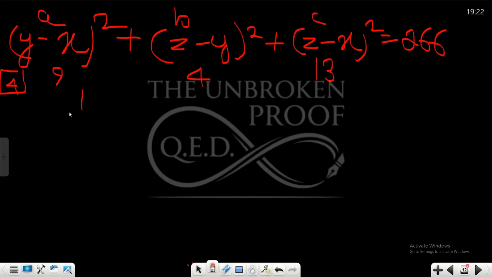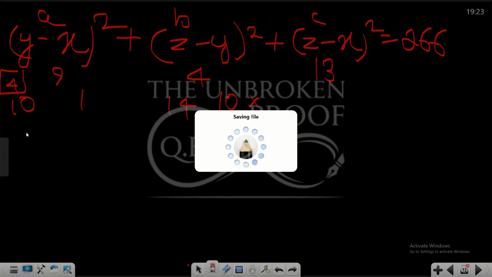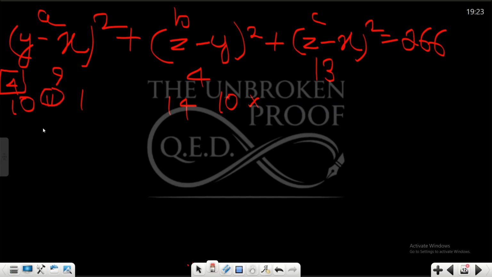Now x, if you start with 1, this will be 10, this will be 10, this will be 14. Clearly this is not possible because 10 plus 1 is less than 14, it does not satisfy the triangle inequality. Here you will get 11, here you will get 13 for 15 as z, then for 15 you will get z as 16, then for 17 you will get 17.